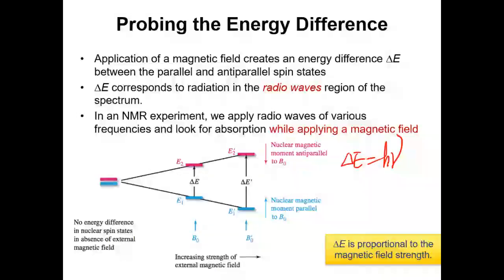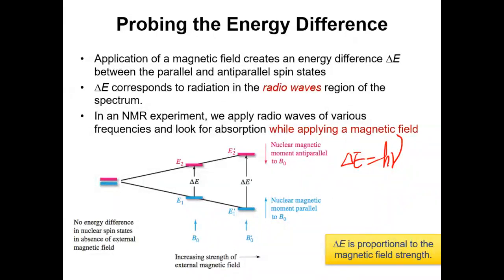That's why we call it nuclear magnetic resonance: spinning nuclei create small magnets, and you need an external magnetic field to create the two states.